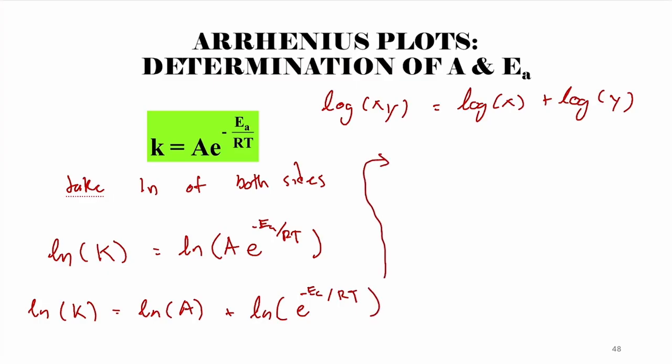That gives us ln k, and sorry, this is lowercase k, this is the rate constant, equal to ln of the frequency factor minus EA over RT.